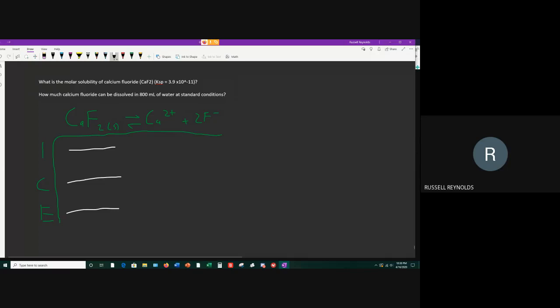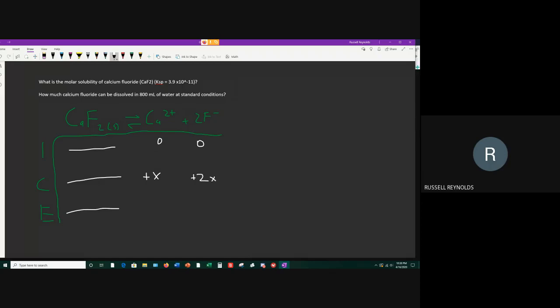So now remember that since Ca2+ and F- are products, they start at 0, and they're going to increase in terms of x. Calcium is going to increase in terms of 1x. Fluoride is going to increase in terms of 2x.